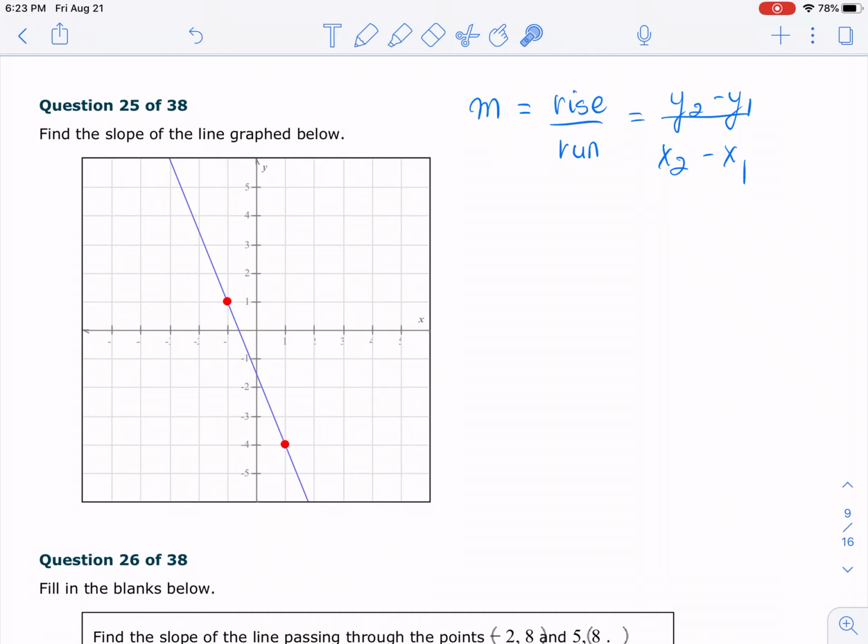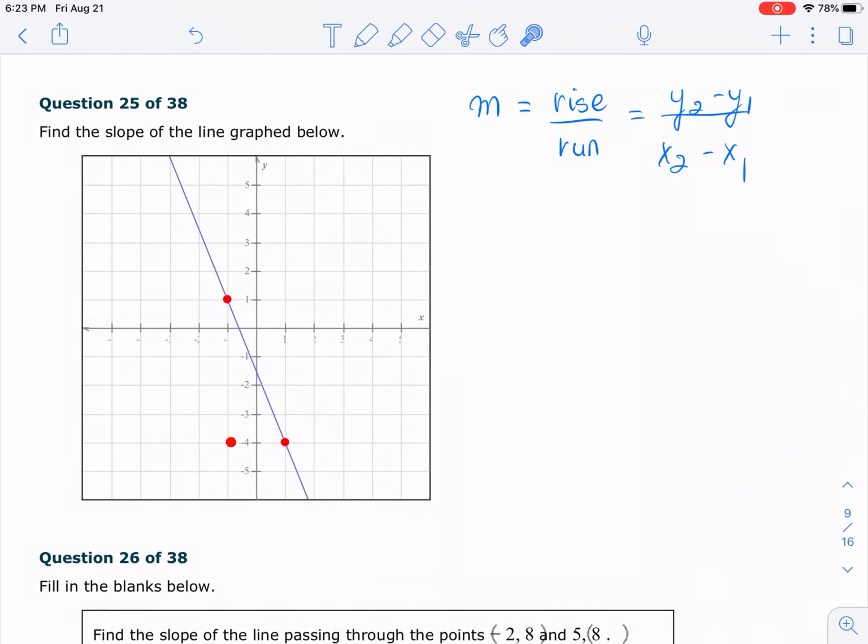And I always go from left to right. In fact, you have to go from left to right. So starting right here, we go 1, 2, 3, 4, 5. And because we go down, that's going to be negative 5. And we go 1, 2. So the slope for this one is negative 5 over 2.